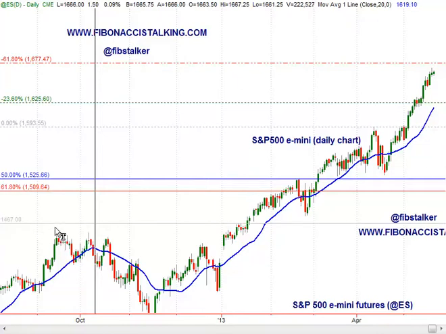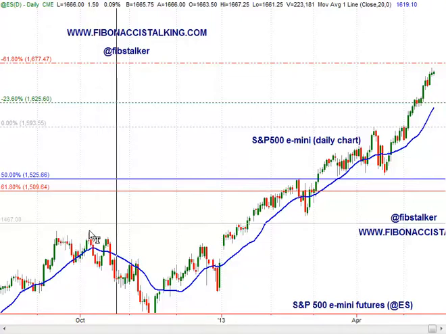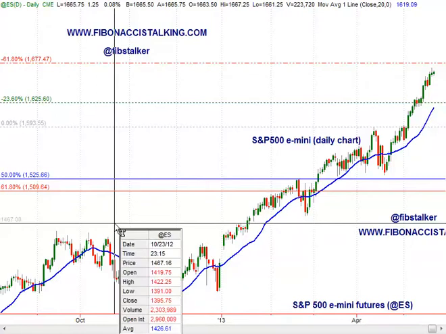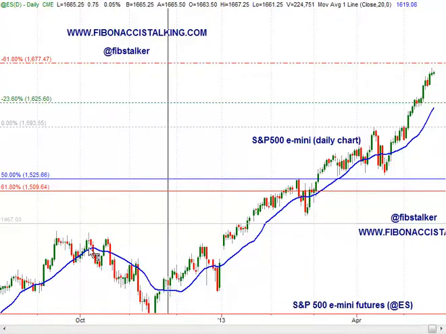If we consider other levels, for example, the highs in September in other platforms, like Thinkorswim, there would be a different way of calculating the continuous contract, and this high would be at 1467.